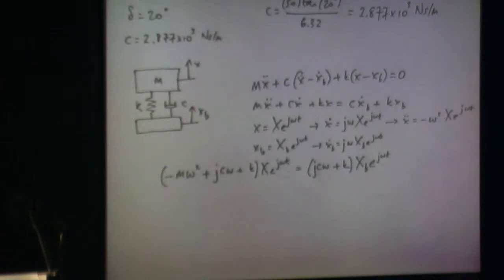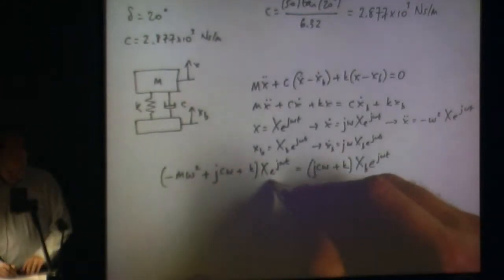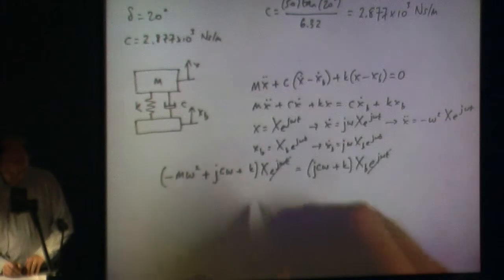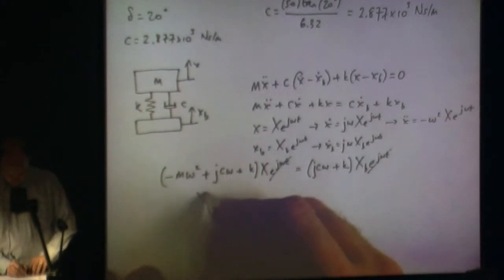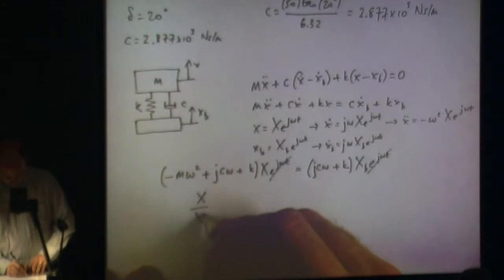The exponential terms will cancel out, and I need to find my output, which is x, divided by my input, xb.